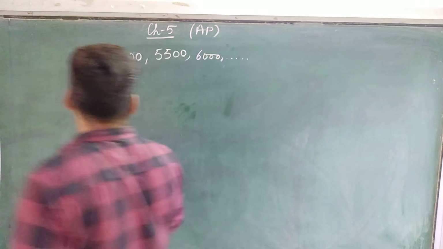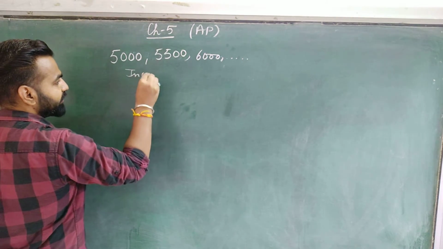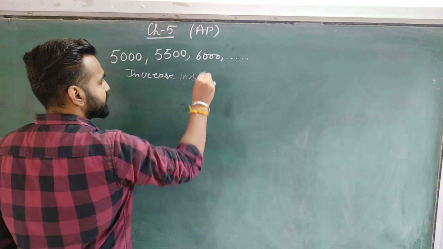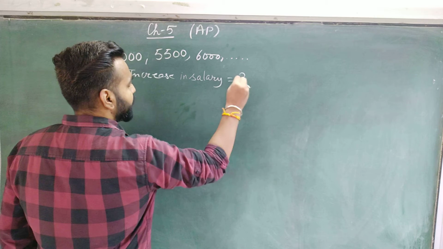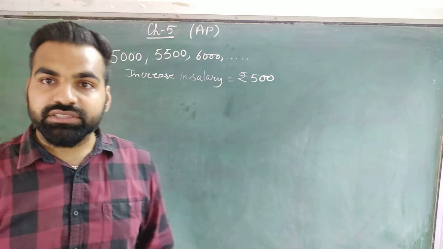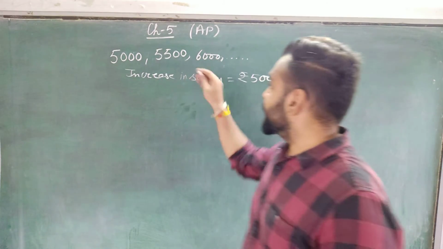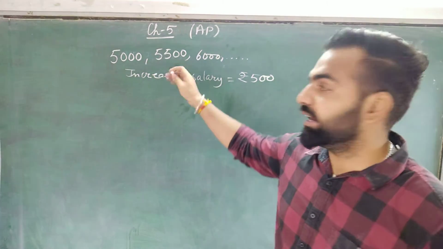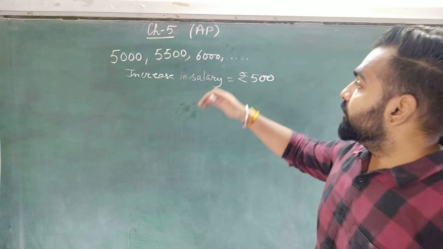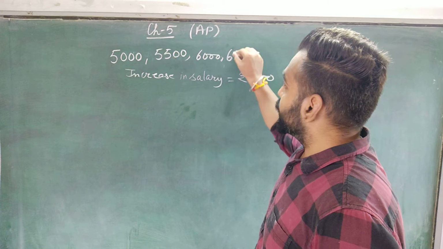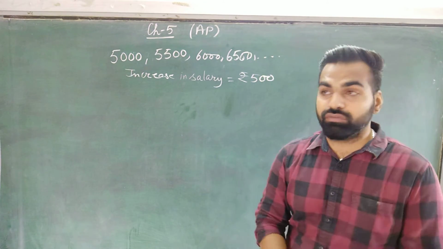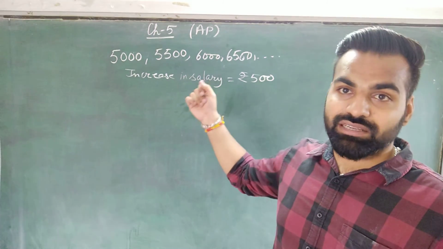So here we can see that the increase in salary is rupees 500, and this value is constant. If we see this series, the difference will always be equal to 500. If you take the difference of two consecutive terms here, the difference is always equal to 500 according to this example.